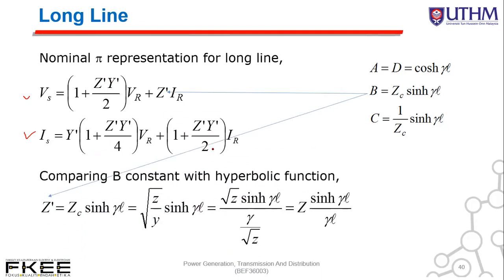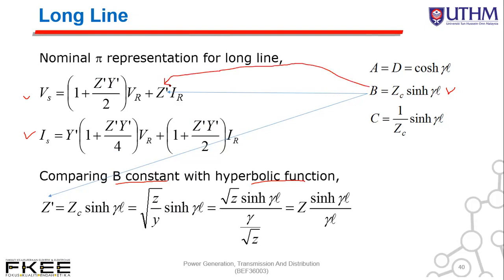So by comparing the B constant with the hyperbolic function, B equals ZC sinh gamma L, we can convert this with B equal to Z prime.